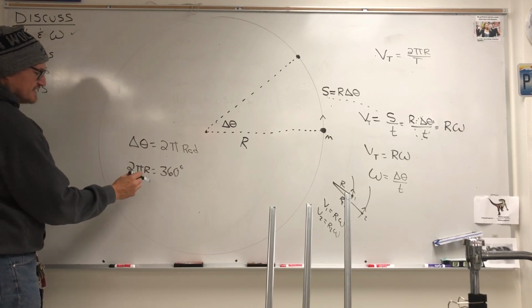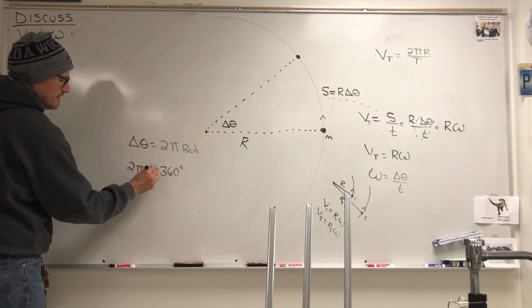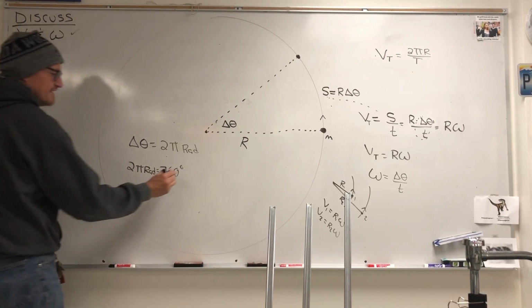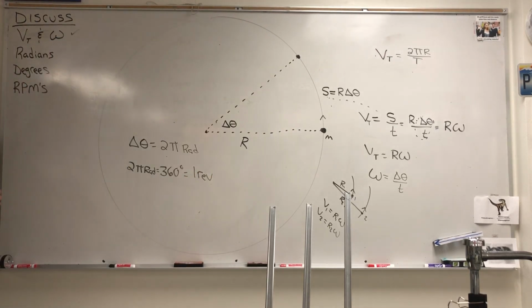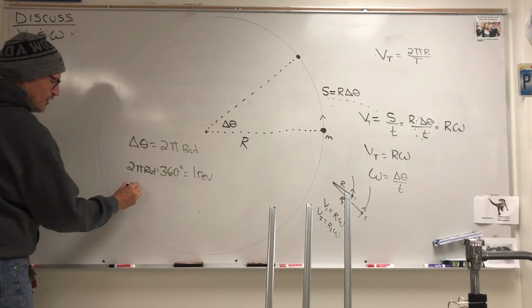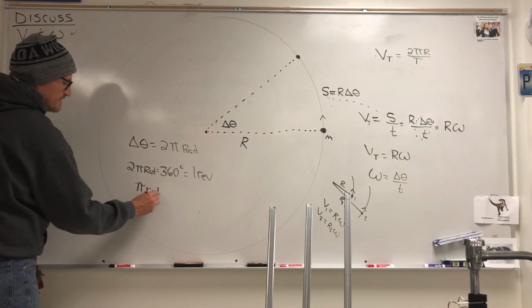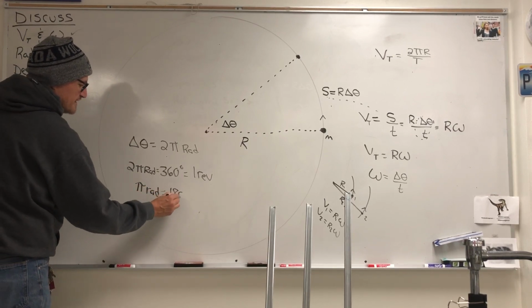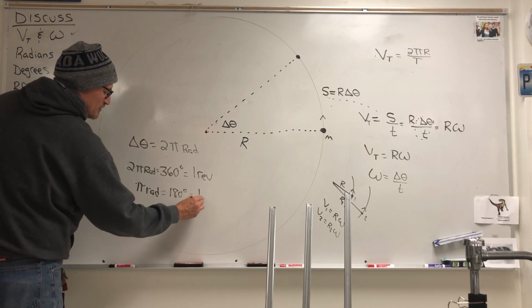Okay, so 2 pi radians equals 360 degrees, which is also equal to 1 revolution. This is something that we want to be able to memorize or understand. Or we could also say pi radians is equal to 180 degrees, which is equal to half a revolution.